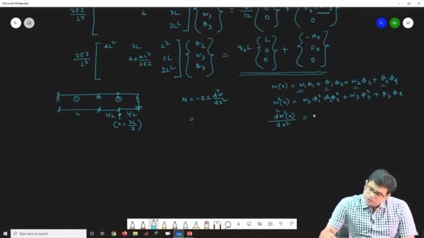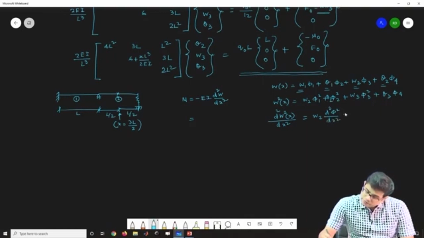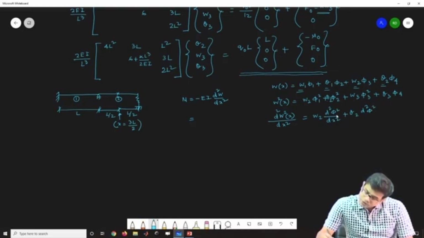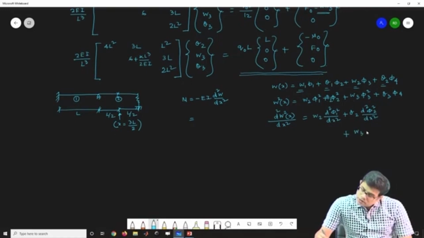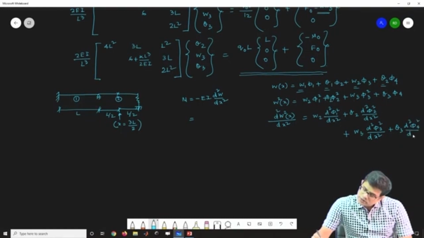So I can compute w2 d2phi1 by dx2, then theta 2 d2phi2 by dx2, plus w3 d2phi3 by dx2 and theta 3 d2phi4 by dx2.